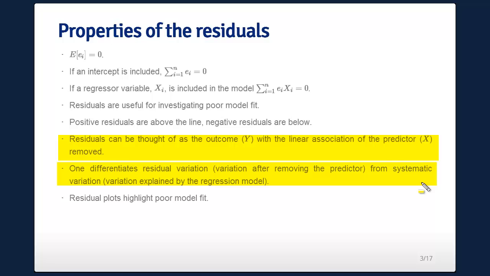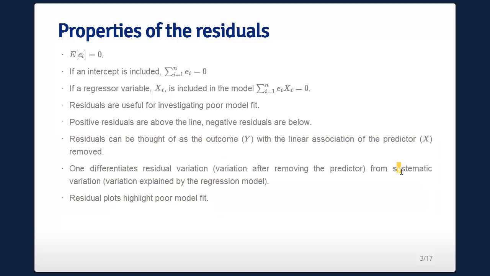If beta 1 is 0, if it's just a horizontal line with only the intercept, then there's all residual variation and no regression relationship. Residual plots can highlight this latter fact. Residual plots can focus in on aspects of poor model fit in a way that the scatter plot can't, and when you go to higher dimensions with more variables, then you don't even have the equivalent version of a scatter plot. Okay.